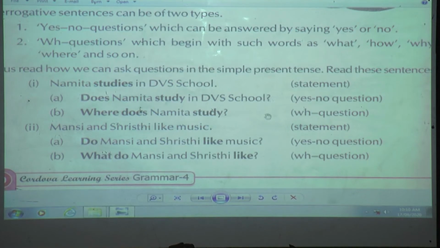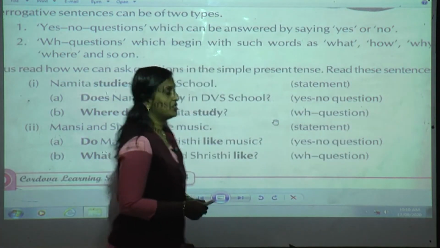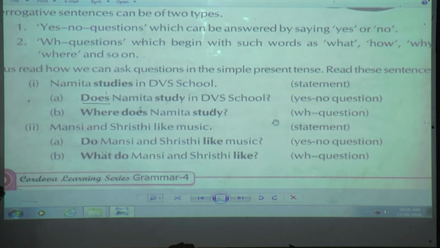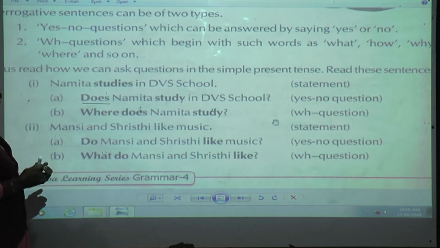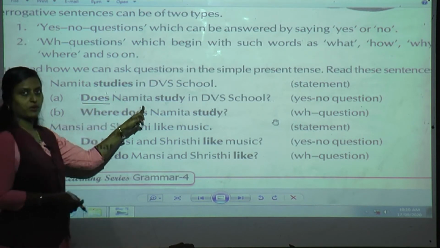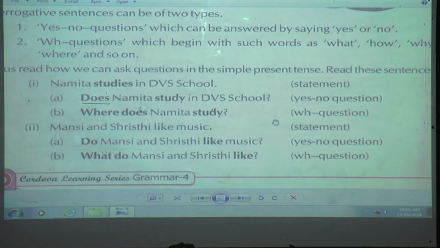Understood, students? Again I will repeat, in yes no questions first you write does or do, whatever is there, at the start, and afterwards the subject, then the original form of verb and the remaining sentence.